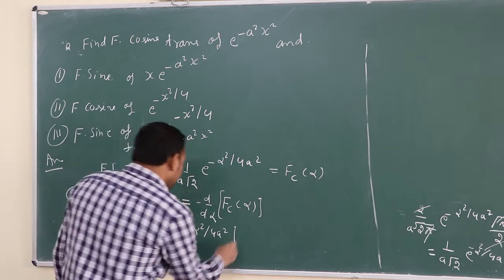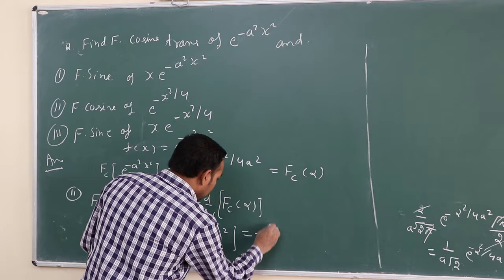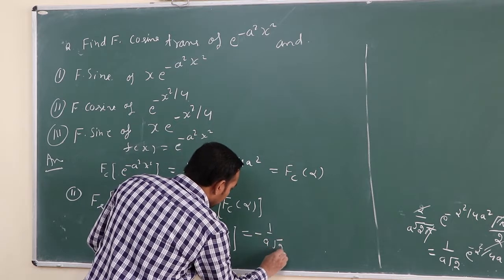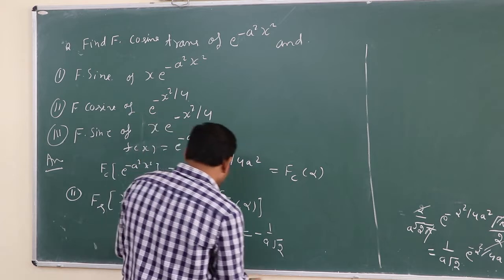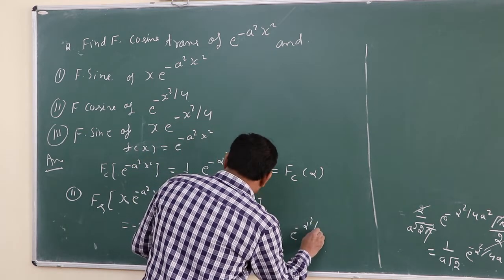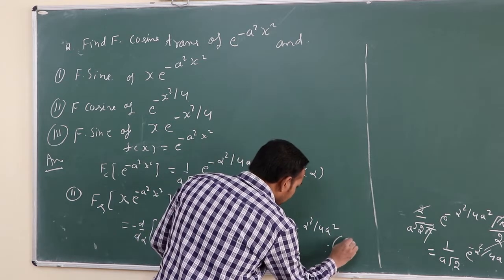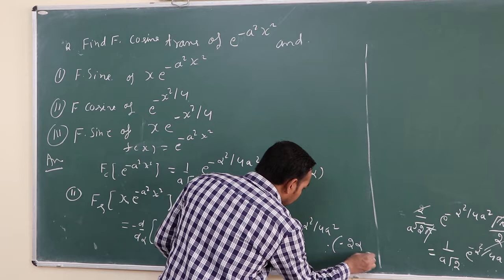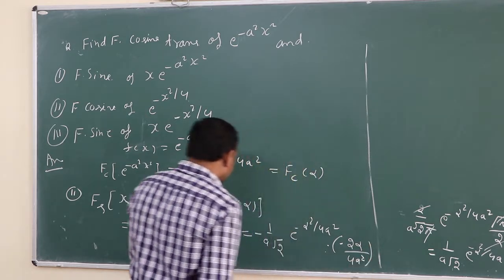If we differentiate, we get 1 upon a under root 2 pi, e to the power minus alpha square upon 4a square into minus 2 alpha upon 4a square.